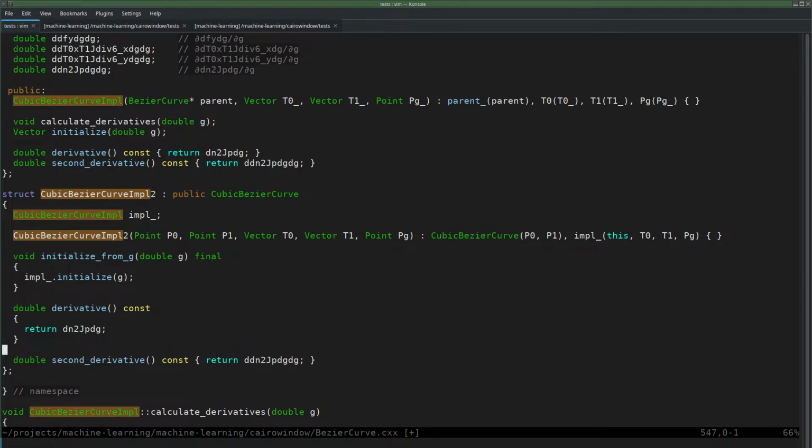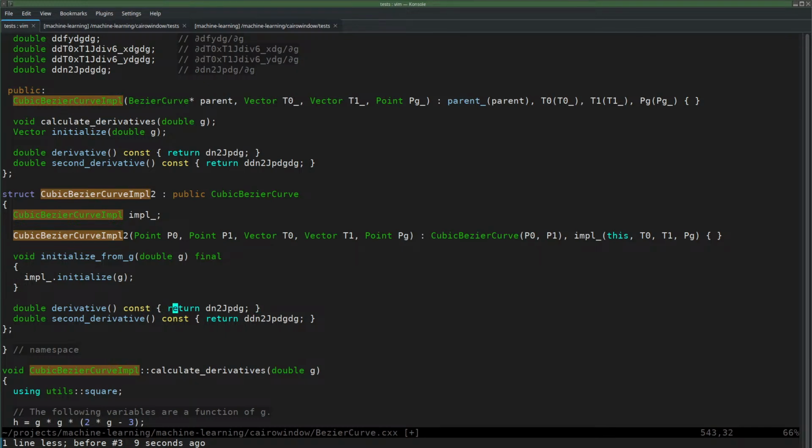Maybe it's stupid to do that like that. I mean, let's just keep it on one line. So then I need this object, call initialize from.